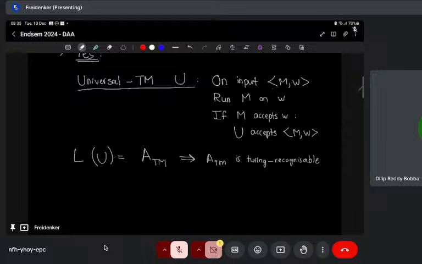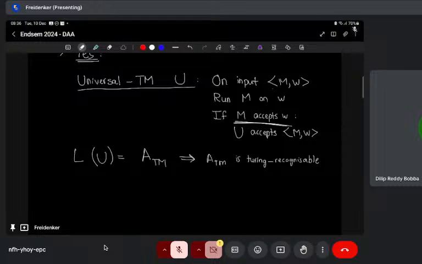Now you might be thinking: if I give an input to a Turing machine and it enters q accept, fine, you can say M accepts w. If it enters the reject state, the machine will halt. But what if it neither accepts nor rejects? We've seen that can happen in Turing machines; it can keep going in loops.